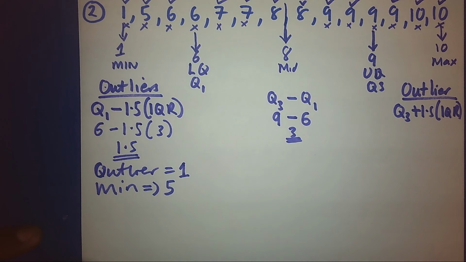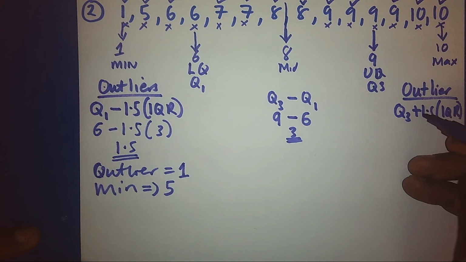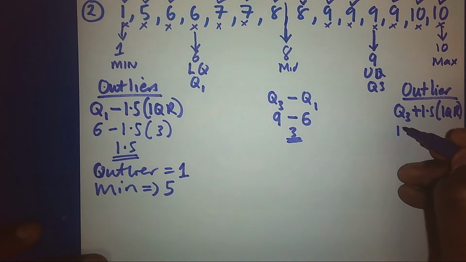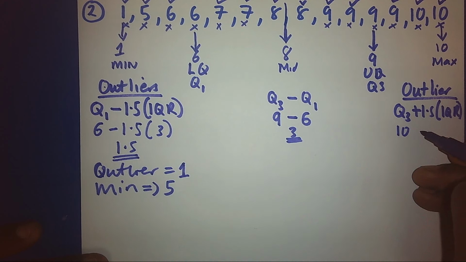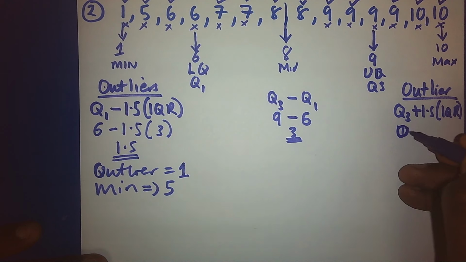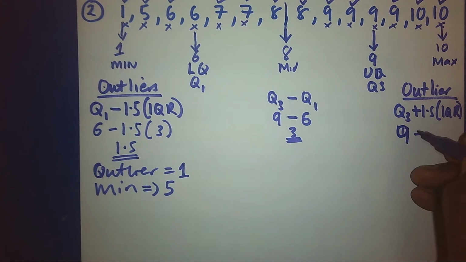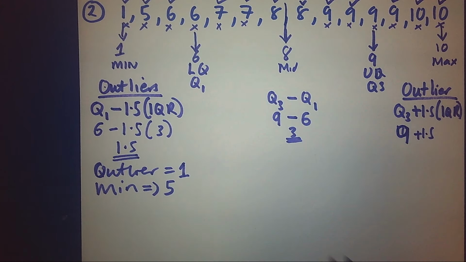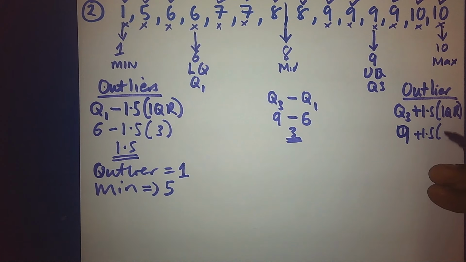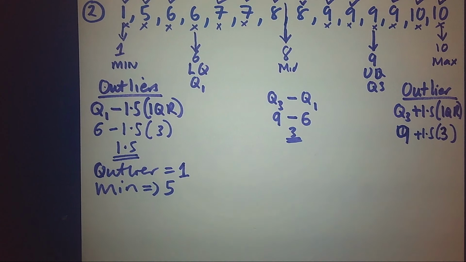Let's go to the upper outlier. Q3 is 10. Sorry, Q3 is 9, plus 1.5 multiplied by my interquartile range.